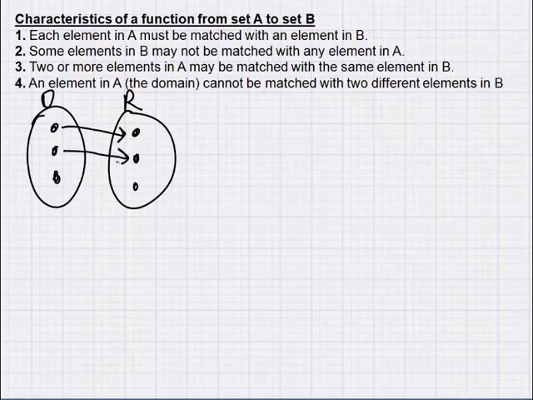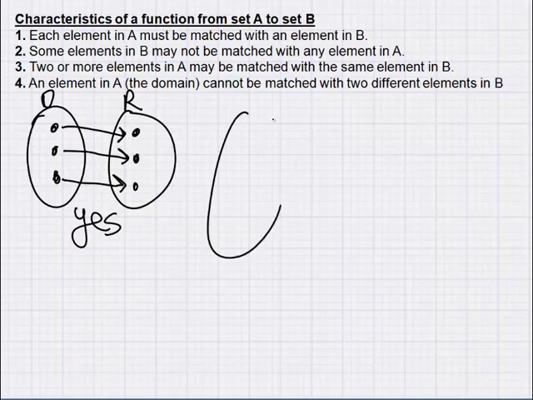This gets matched here. This gets matched here. Is this a function? Is my domain getting matched to my range in the way that each element in the domain gets matched to one element in the range? So clearly this one, yes, this is a function.